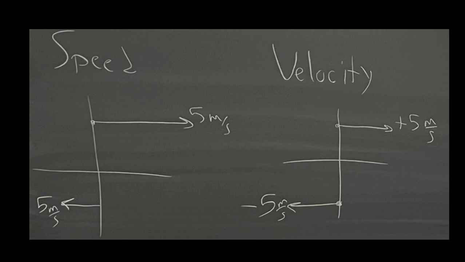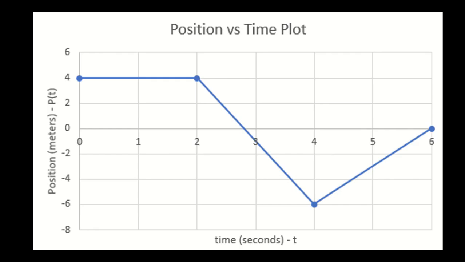Well, to give it a direction, we would say positive 5 meters per second, the 5 being the magnitude and the positive sign being the direction. If the object was traveling negative 5 meters per second along some axis, then that's 5 meters per second in the negative direction, or negative 5 meters per second for its velocity in that scenario.